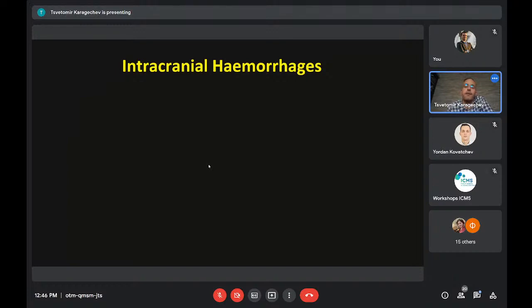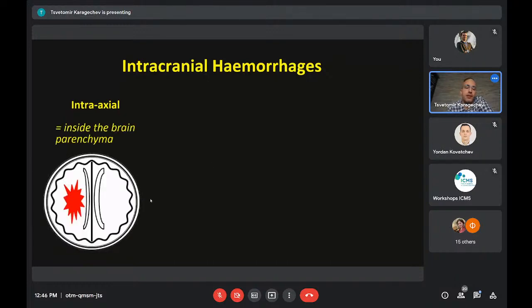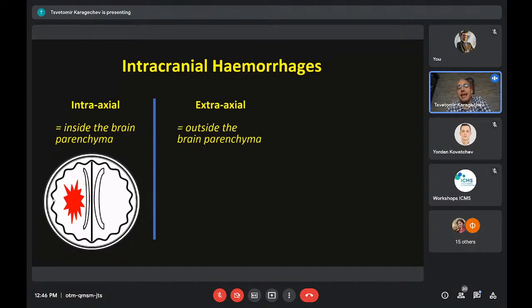So regarding hemorrhages, we really have 2 options: intraaxial, inside the brain parenchyma. As you can see, I've tried to put it in this diagram. So this is a process, a lesion. In this case, we're talking about hematomas that are inside the brain tissue. The other one is extraaxial.